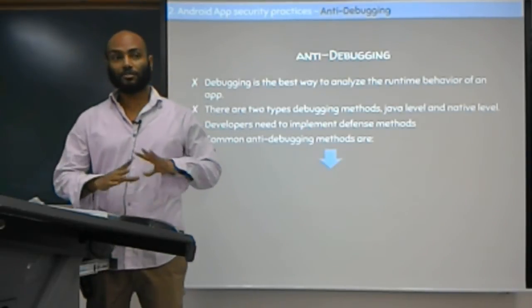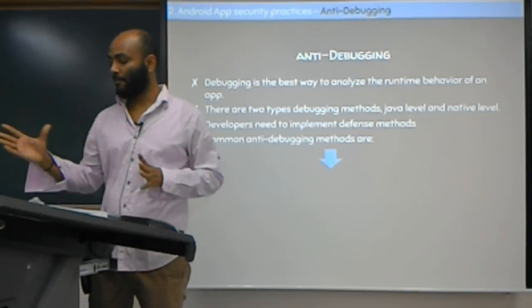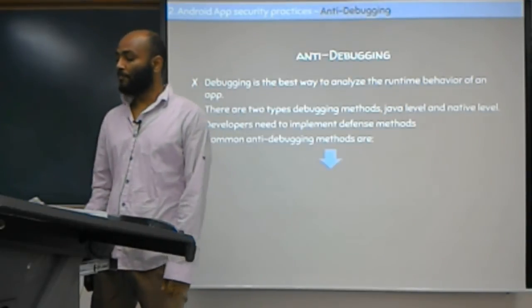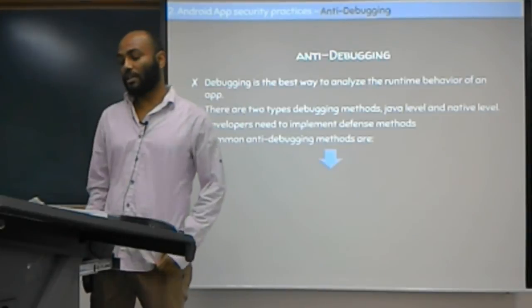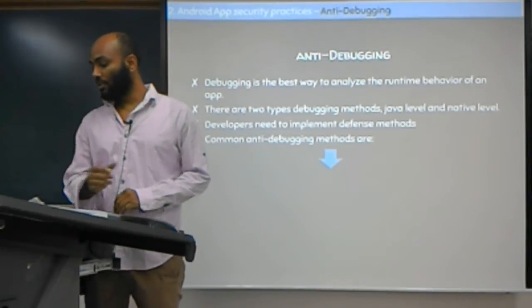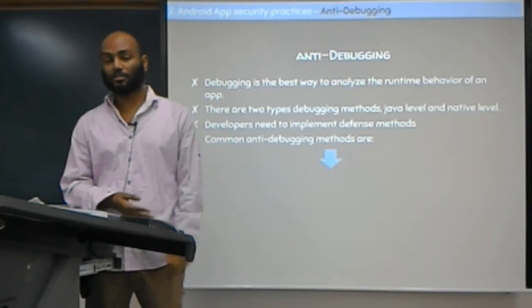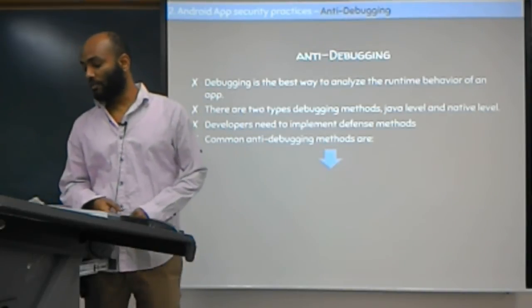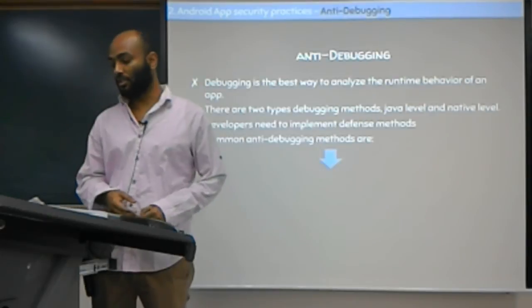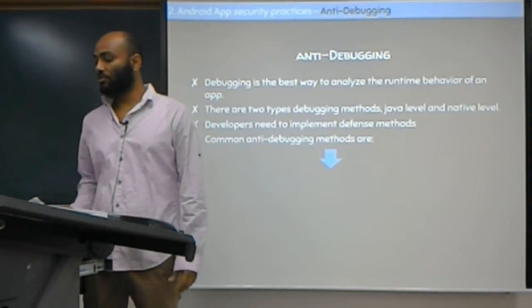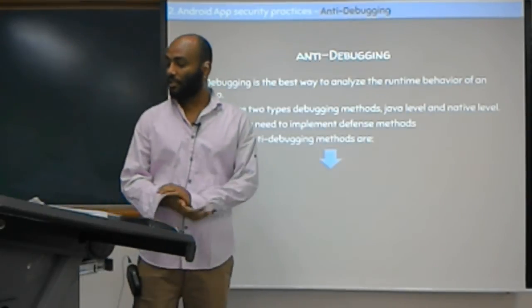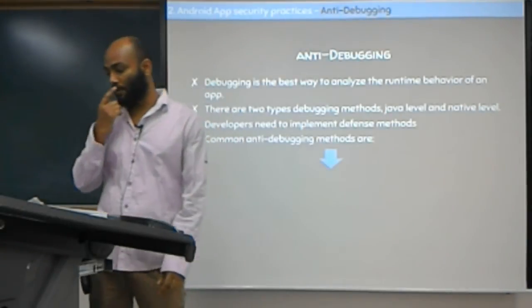So it gives room for the attacker to use. There are two types of debugging methods on Android applications. The first is the Java Debug Wire Protocol, and the second is the native-level ptrace-based method. So developers need to implement defensive methods against these debugging capabilities.